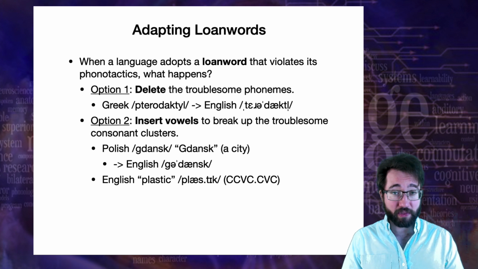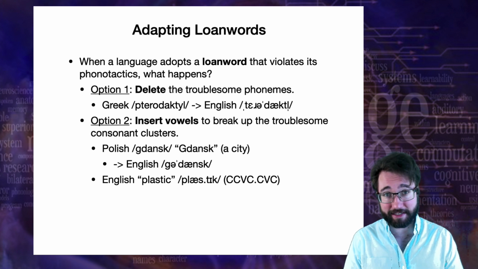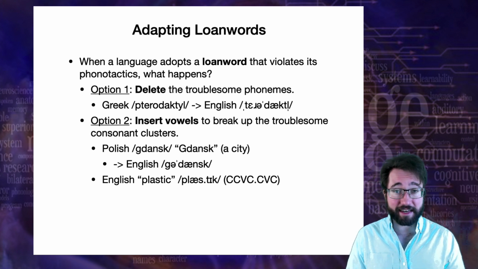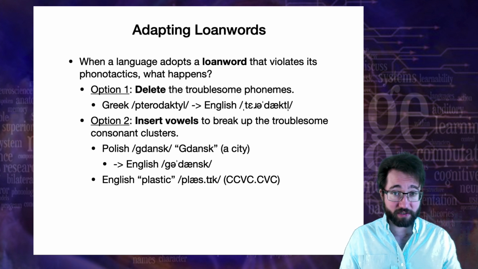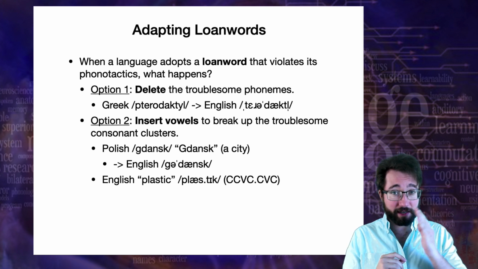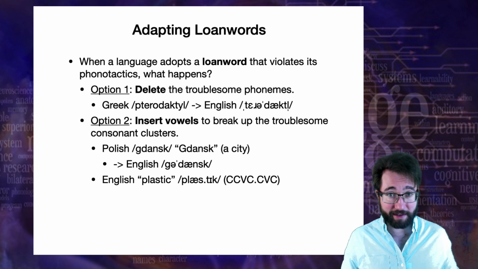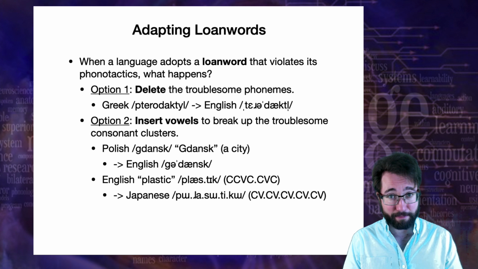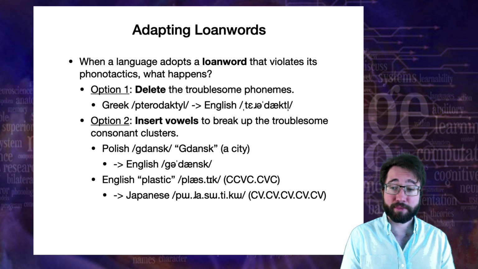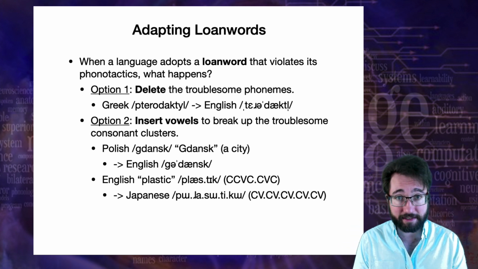Another example would be if you take the English word plastic, which as you see here has a really complex syllable structure, and then send that into a language like Japanese, which has strong restrictions and only allows very simple consonant-vowel type syllables. When you project this word into Japanese, what you're going to get out is something like purasutiku.